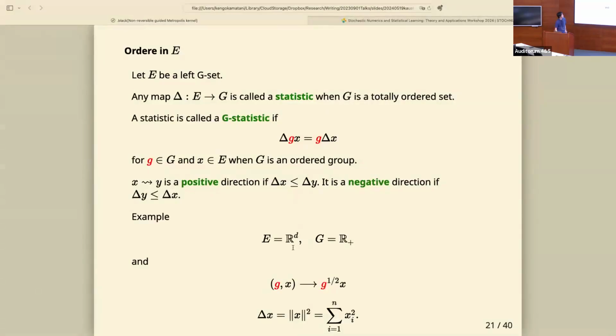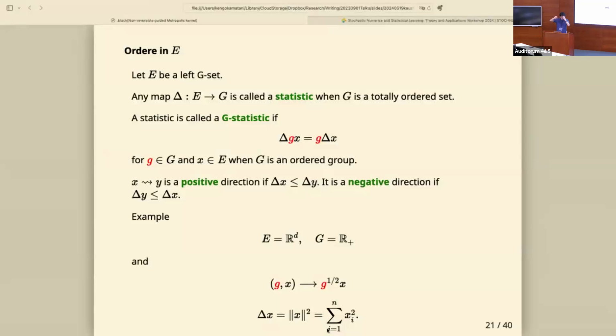For example, take the d-dimensional Euclidean space and the one-dimensional positive real line. Then, for example, we may consider this as a group action. And in this case, the square norm will be the statistics. So we can compare any states by using this statistics.